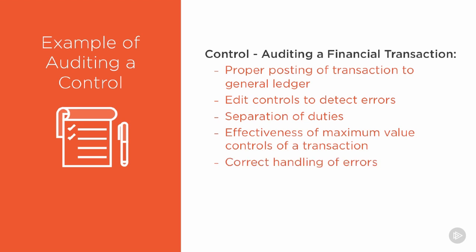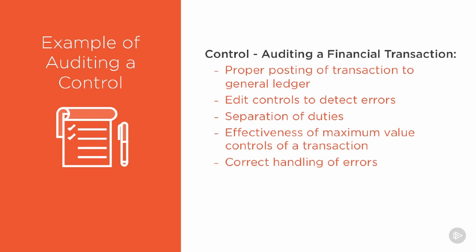We want to also audit to make sure that anytime there is an error, that error is first of all detected, but then goes through a correct handling process as well. Very often in financial transactions, this is where we find frauds and mistakes. The fact that 99% of all transactions process correctly, but 1% had errors. And very often when we have the correct processing, we have the separation of duties.